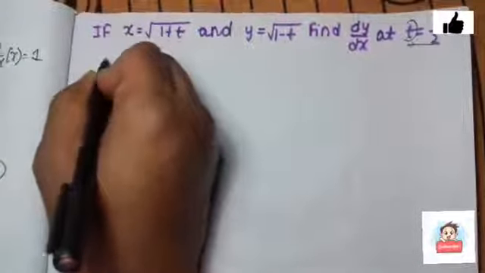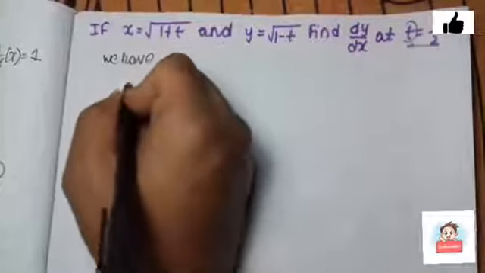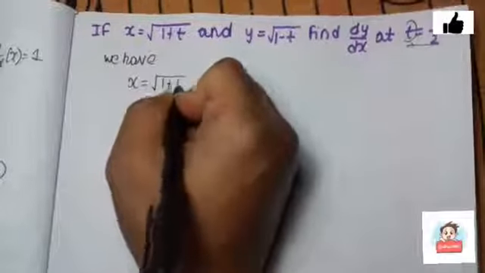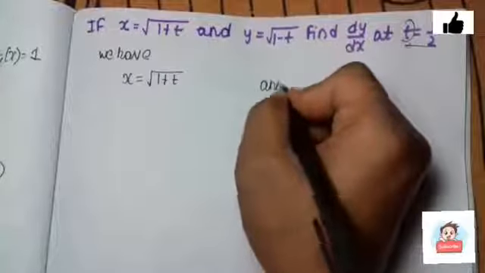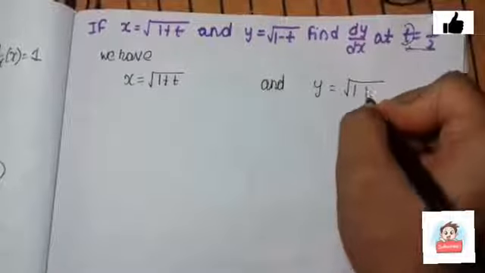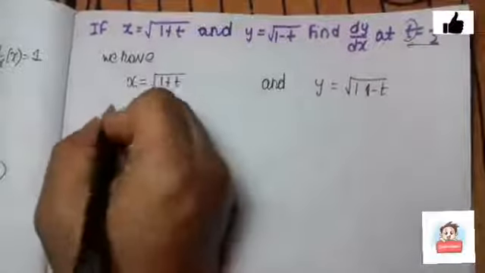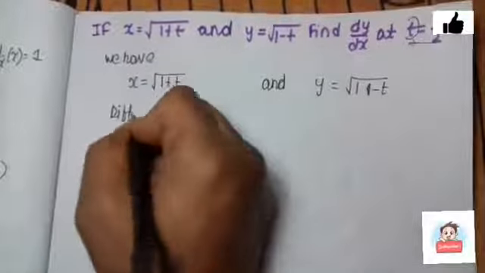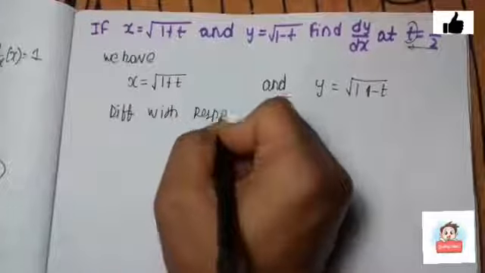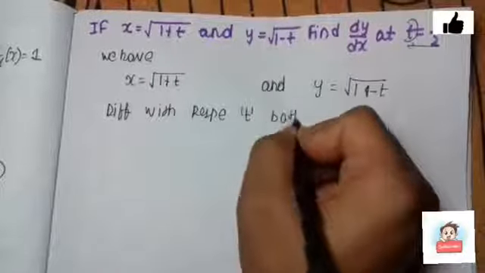So we will write, we have x equals to root over of 1 plus t and y equals to root over of 1 minus t. Okay, so we will write, differentiating with respect to t both sides.